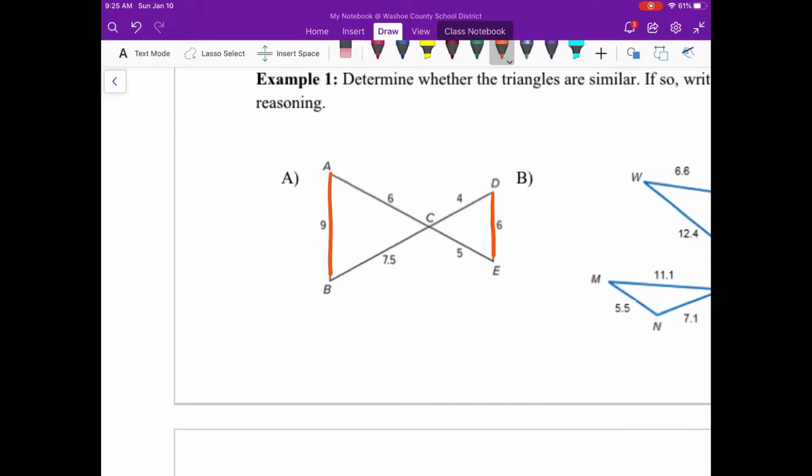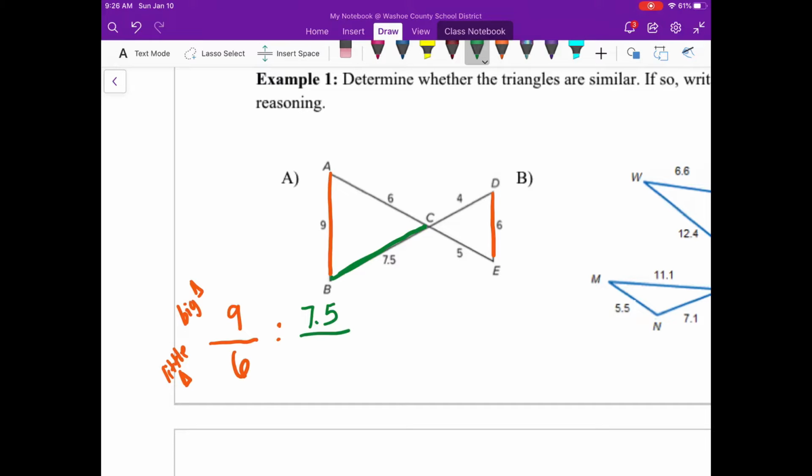I'm going to compare 9 and 6. Now, it's important that when you are setting these up, if you want to go big triangle on top and then little triangle at the bottom, you stay consistent when you're setting up your proportions, okay? So in this case, I'm going to go 9 over 6, and I'm going to compare it to the next bigger side.